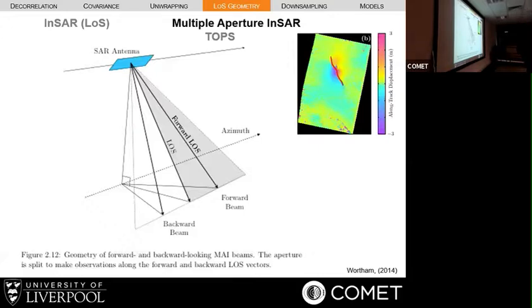So there are several methods that exploit the spatial correlation, because the deformation is not independent. When a volcano inflates, the deformation experienced by one region of the volcano is not completely independent of what you can observe 100 or 200 meters away.